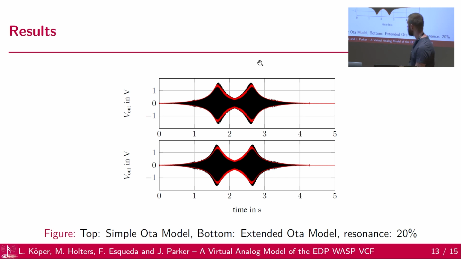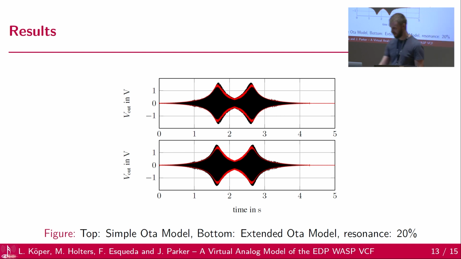And the setting for the filter was the resonance was at 20%. That means the feedback path we saw in the beginning, relatively low feedback. And where we see, okay, this simple OTA model, not modeling this output behavior, just performs similar to the extended model.